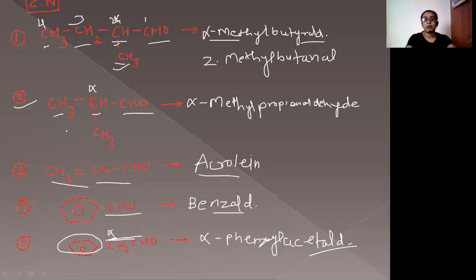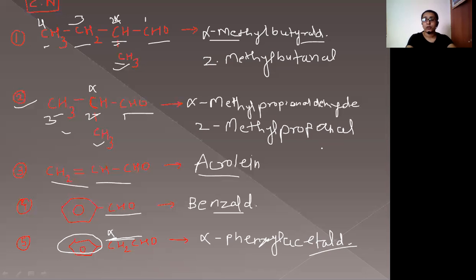Now in this there is a chain of 3 carbon atoms, 1, 2 and 3. The corresponding alkane is propane. Again your side chain is methyl, which is at second position, so it is 2 methyl propanal, right? Where E of propane is replaced by Al. Now there is no need to indicate the number of the functional group.